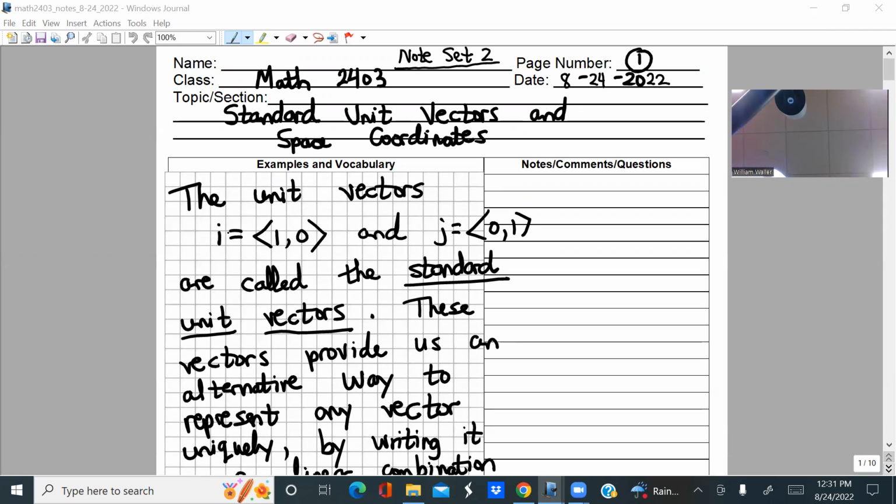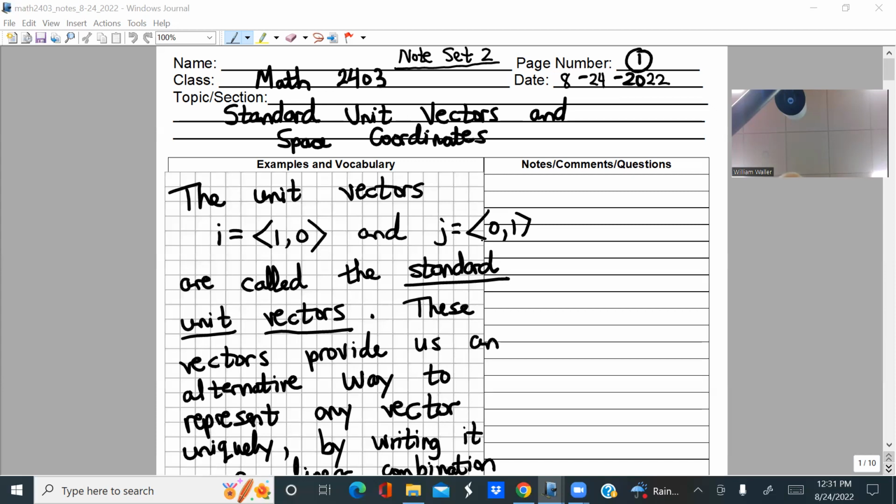This vector I is the vector that has length 1 but is horizontal; it points 1 unit to the right. And this vector J is its counterpart in the vertical direction. It also has magnitude 1, but points straight up.